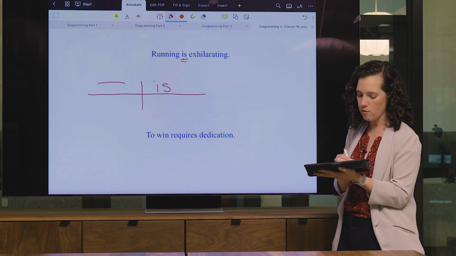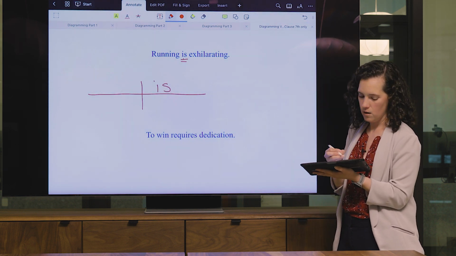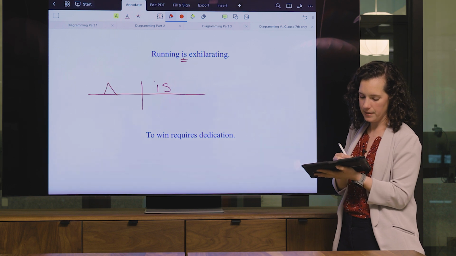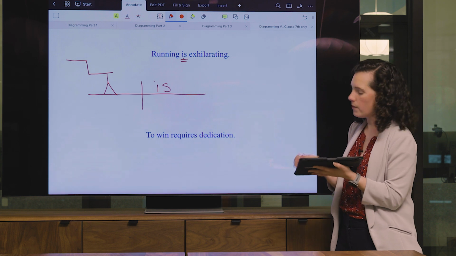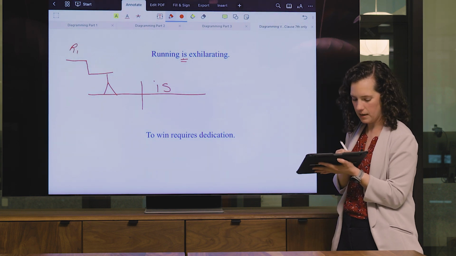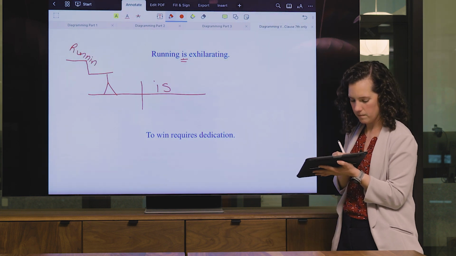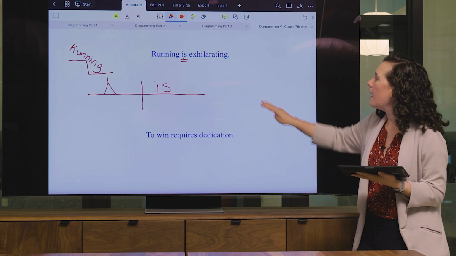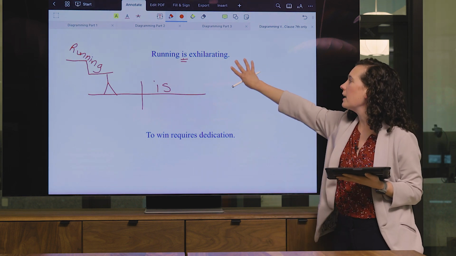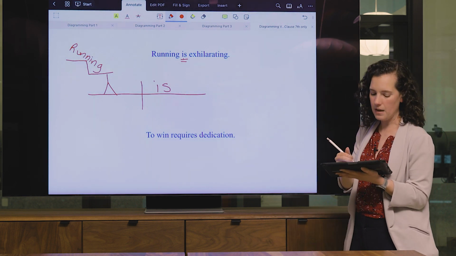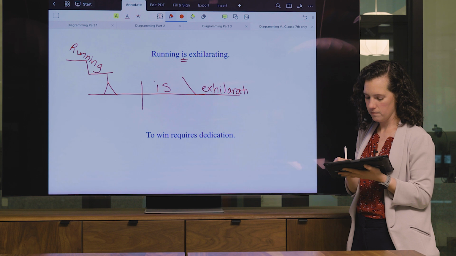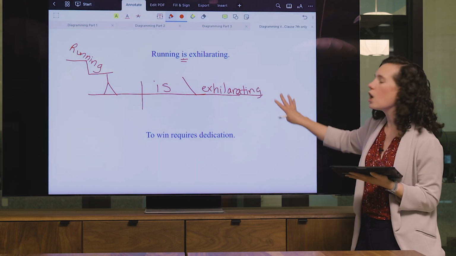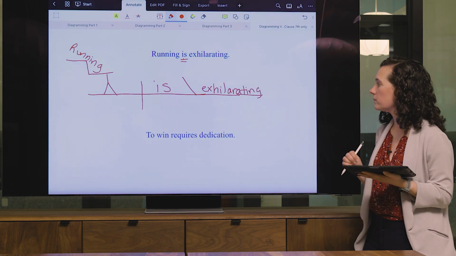But instead of writing running here, we do a shape that looks like this, and we write the word running across it. And then exhilarating, you may not have learned this yet, but it would be a predicate adjective, which is taught in a little bit later lesson.